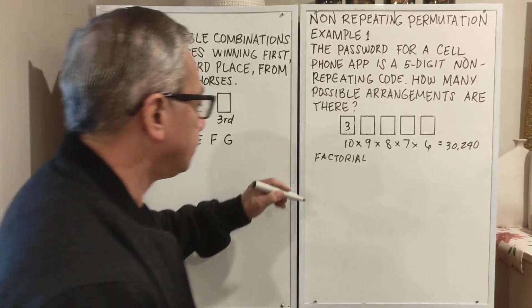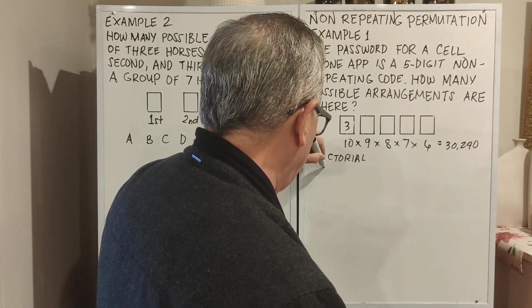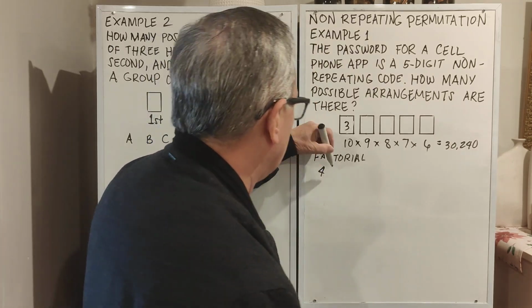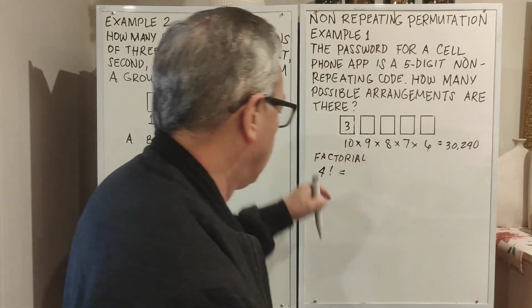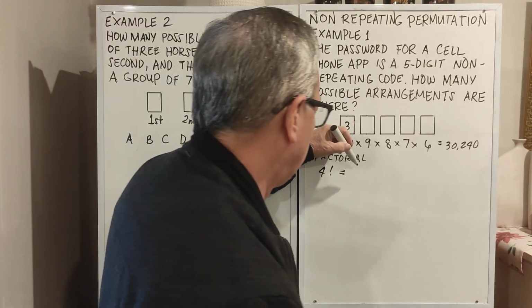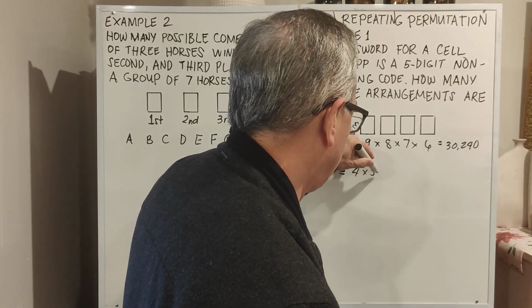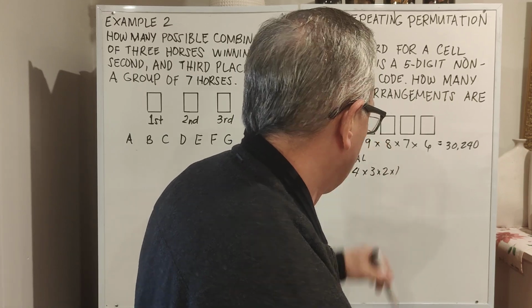For example, the factorial of 4, or 4 factorial, the symbol is the exclamation point. 4 factorial will be 4 times 3 times 2 times 1.